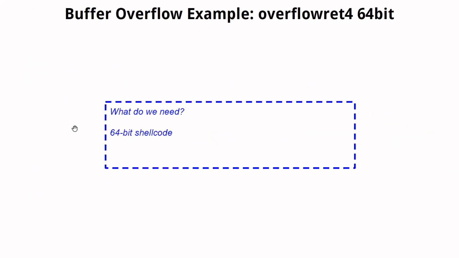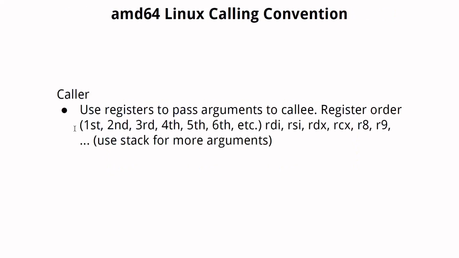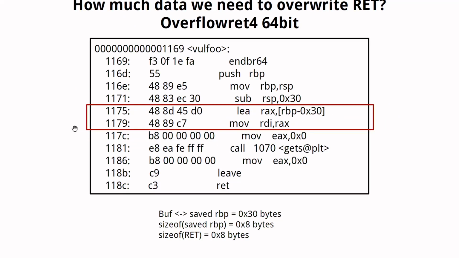Okay, so then let's move to the 64-bit version. The principle here is the same. It's just the shellcode we are using will be different. So in the 64-bit version, we do not use the stack to pass the first 6 parameters. We use the registers, DI, SI, those registers.